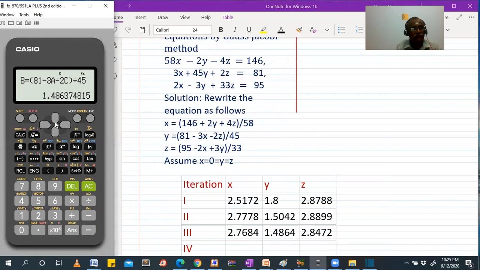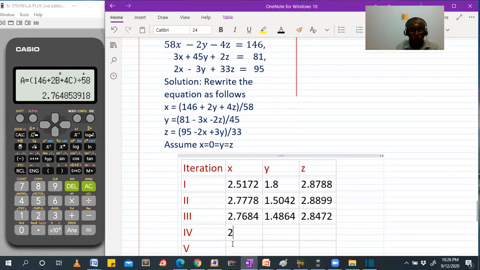Repeat. Calc a: b is 1.4864, c is 2.8472. So it is 2.7684.